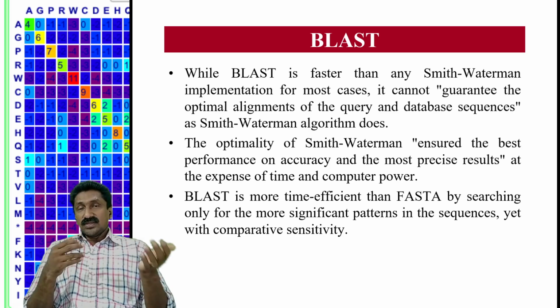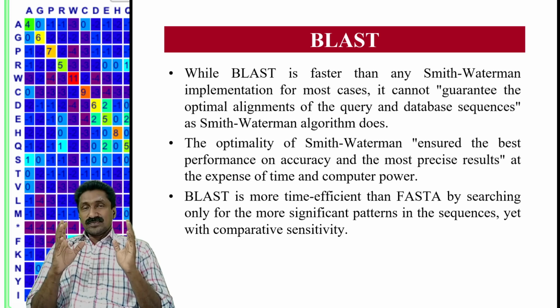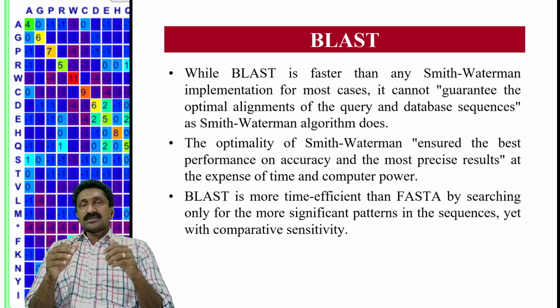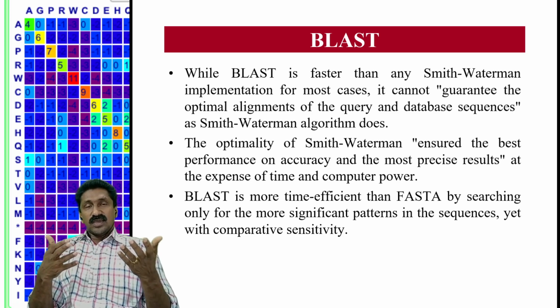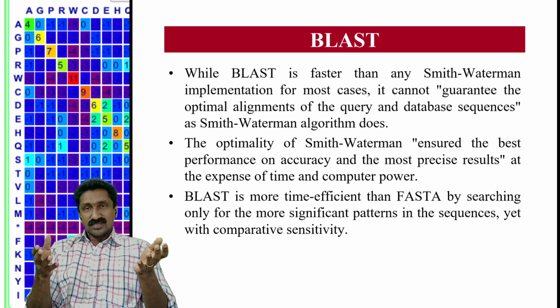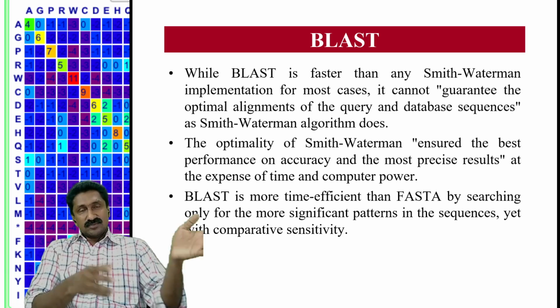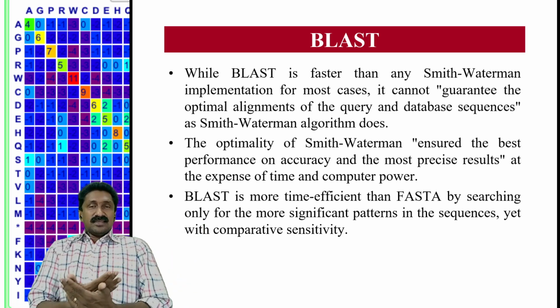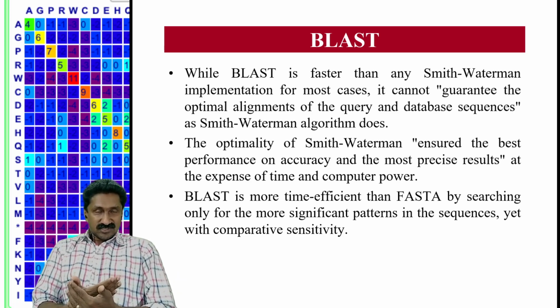It will return some results, but you cannot guarantee that it is the optimal alignment. That's the normal problem with faster methods, in which we are not trying every possibility. We look for similar regions, and if similarity is identified, it is then compared in detail. That's what BLAST and FASTA do.